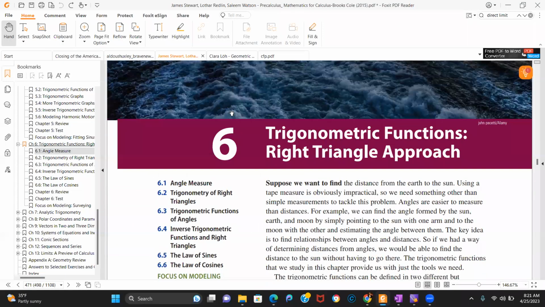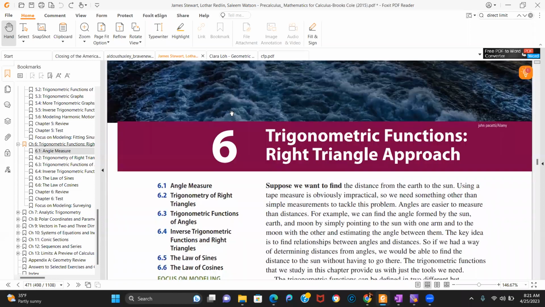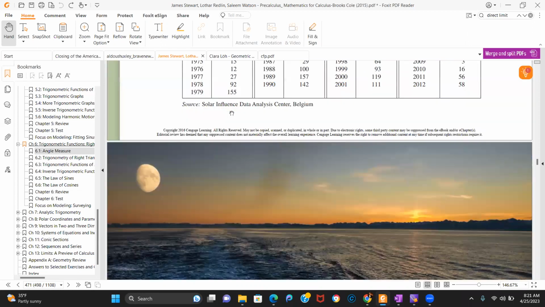So chapter 6 might seem unusual, it might seem odd that there's this whole chapter 6 in this book, and that's because in chapter 5 we spent quite a bit of time defining trig functions. So maybe you feel like, well, why are we defining the trig functions again?